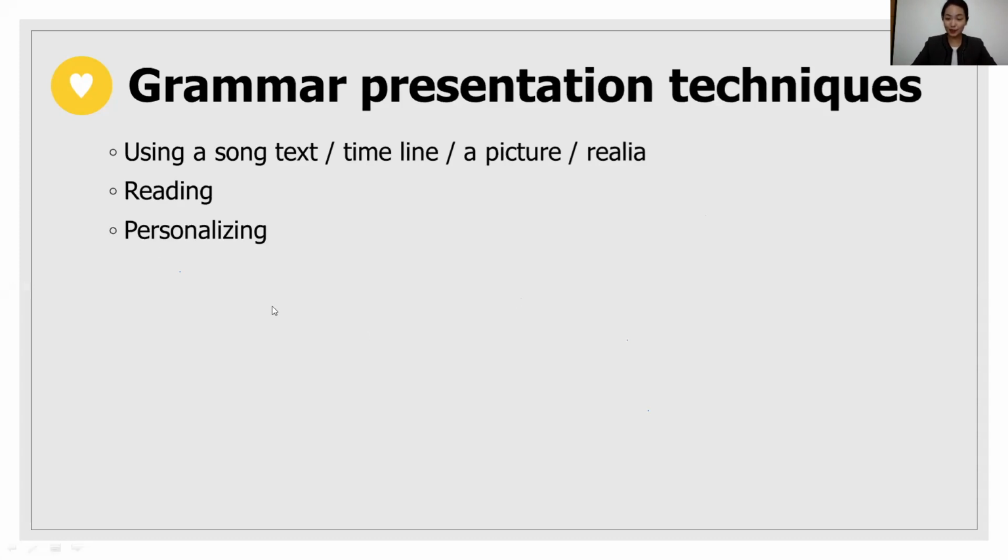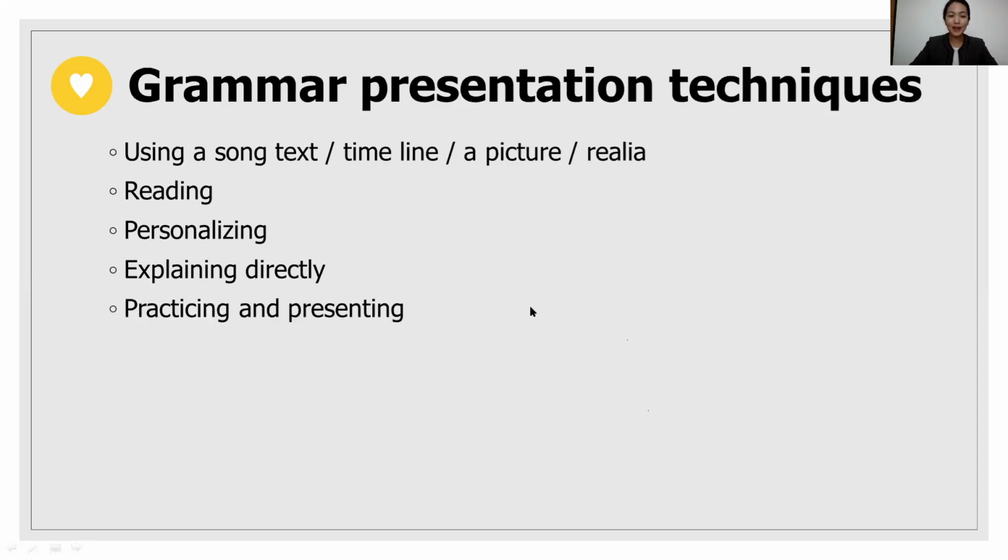The personalizing process: ask your students to apply it to their situation or their thinking and ask their opinion, like a favorite movie star and describing, this kind of personalizing process. And explaining directly, this is good for time management. And practicing and presenting, showing practice first and then realizing, as you said, to sum up the grammar.